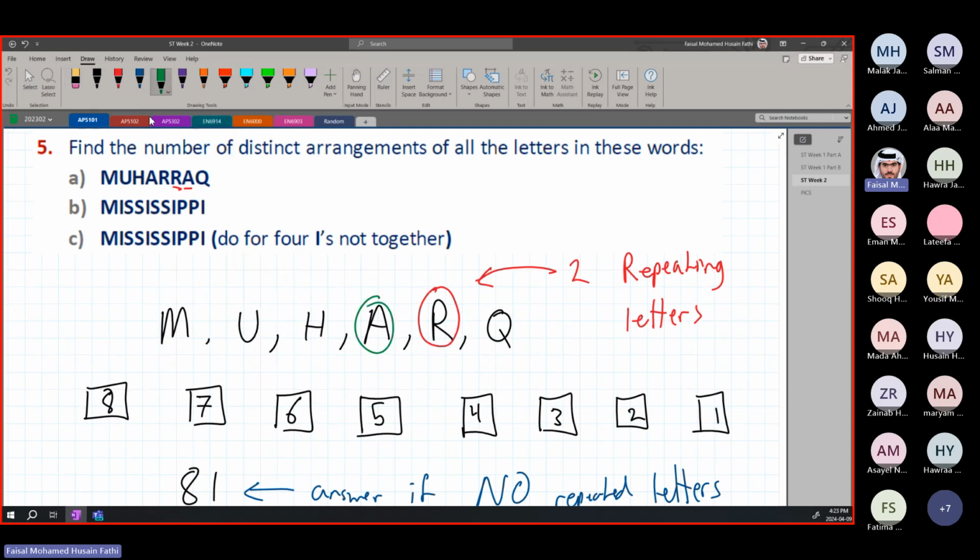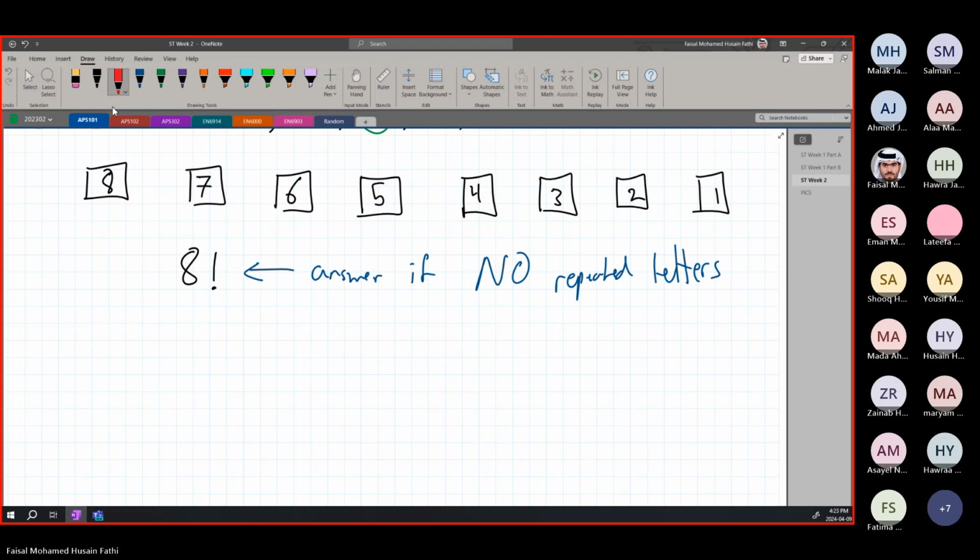How many times is the letter A repeated? It is repeated 2 times. How many times is the R repeated? It is also repeated 2 times. We're going to look at each letter individually, and then we're going to mention them here.